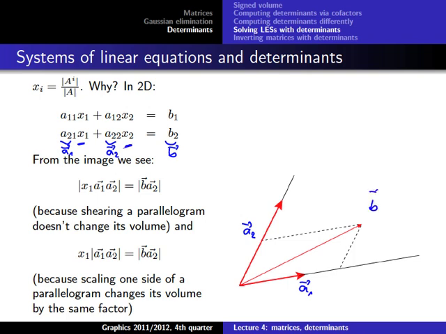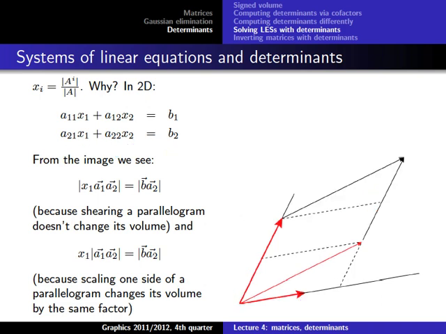So if this is our vector b, then the x-coordinate of this vector is x1 times a1, and the y-coordinate of that vector is x2 times a2. So this is just a different geometric interpretation, that we see it as a linear combination of these two base vectors.